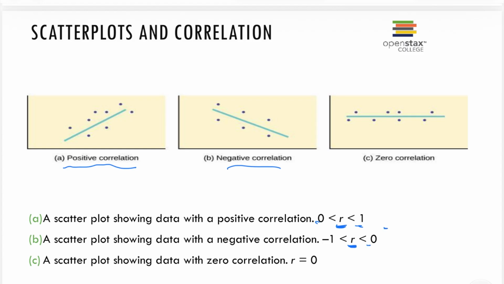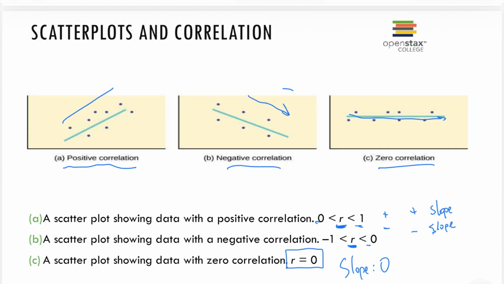So R is negative, R is positive. In a horizontal line, there's 0 correlation. So you would have R equals 0, or slope equals 0. So this is the positive slope, negative slope. And you can see the negative slope here, the positive slope.